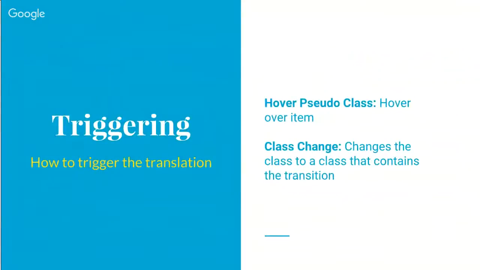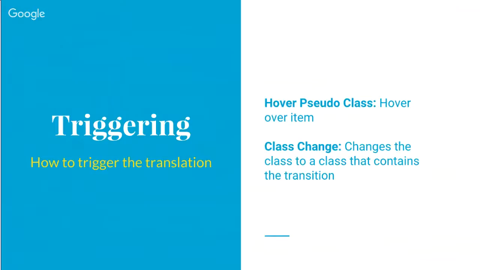So how to trigger the animation? You touched on it a little bit. It's not using the same technology that JavaScript is, but it's using that pseudo class to hover over items. And then a second way to do it, I haven't actually looked at the code on using it this way, but I was reading up on it.